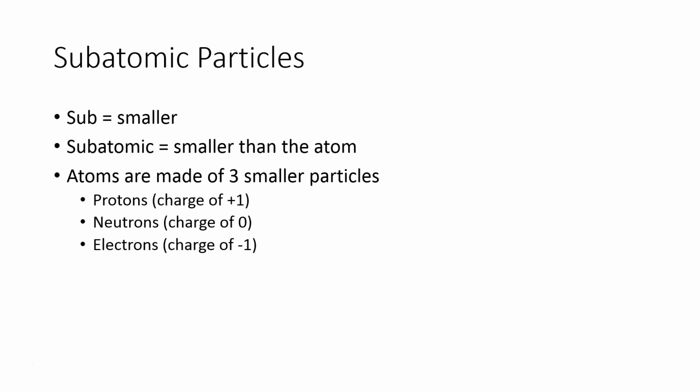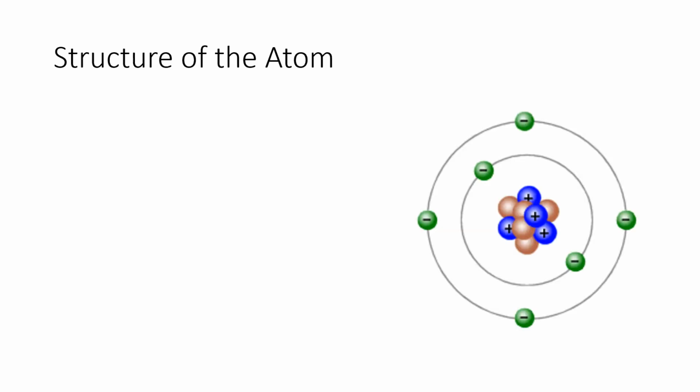And electrons have a charge of -1, which means that they are negative. In order to remember this, I think of protons being positive, that both begins with P, and I think of the neutrons as being neutral. So that only leaves me remembering that the electrons are negative.